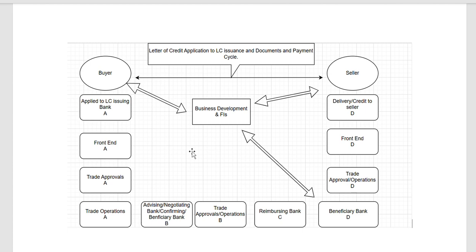All those terms and conditions will be decided by the buyer and the seller.